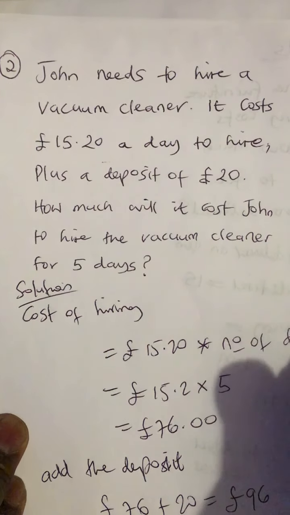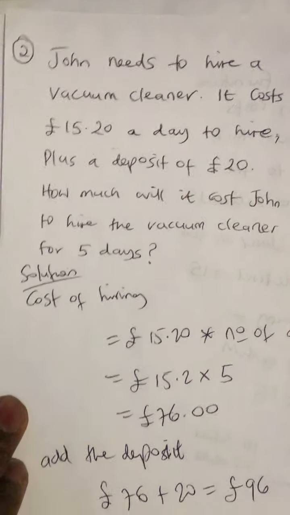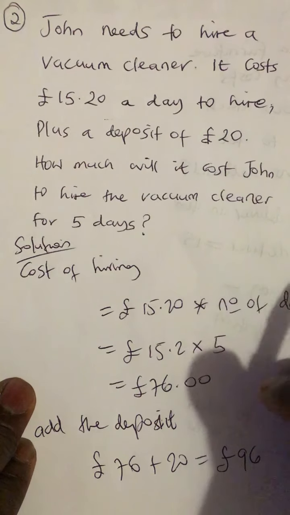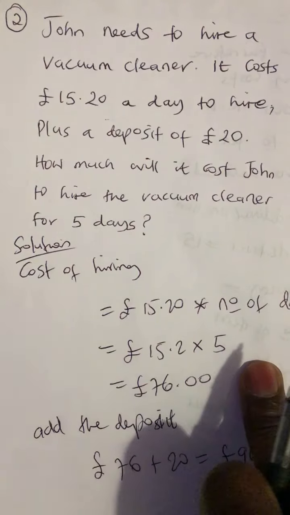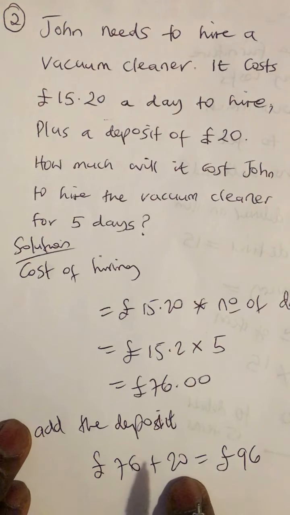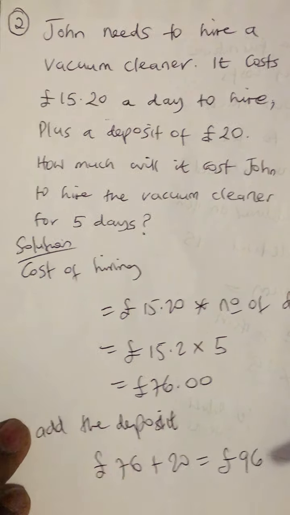So that's what John will pay to hire the vacuum cleaner for 5 days. The question did not say, but you will probably get the 20 pounds back, because in this situation it's serving as a deposit. So that is that.